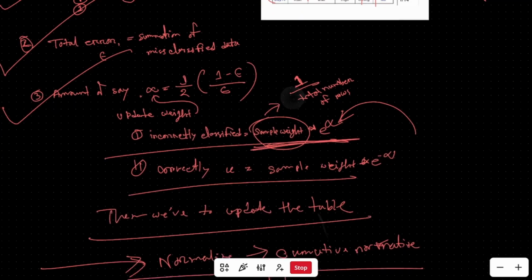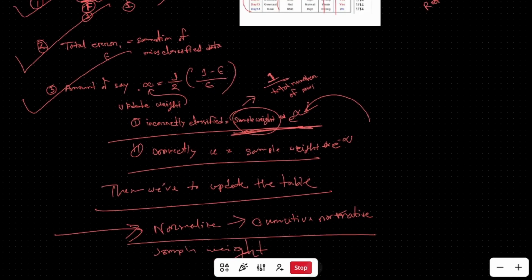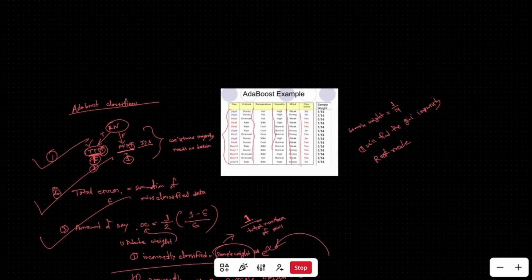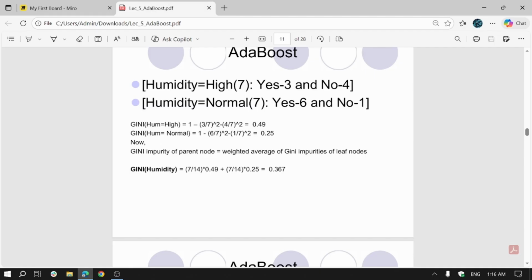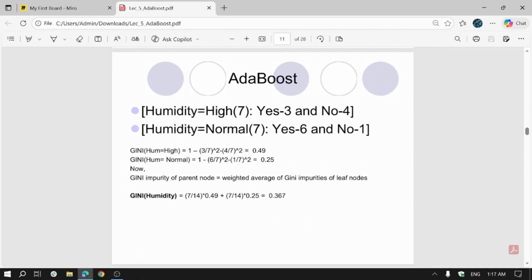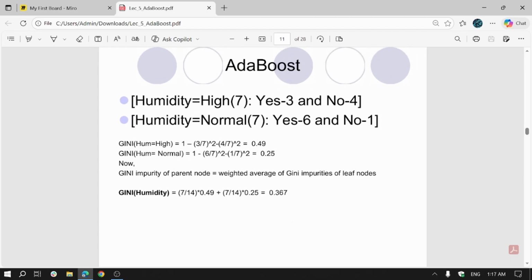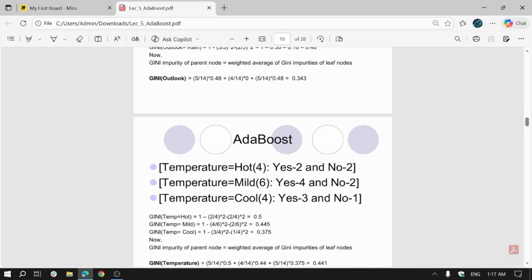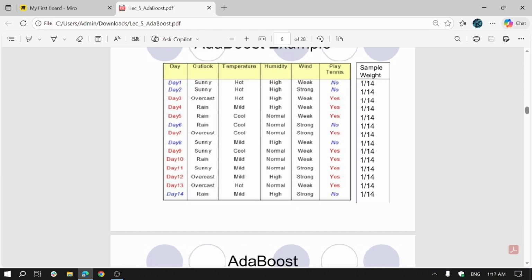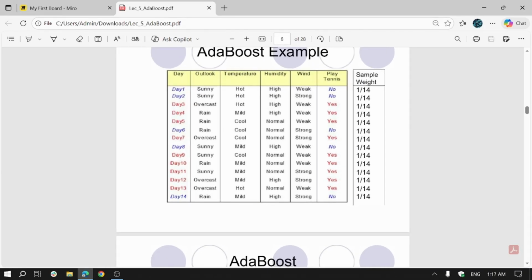Let's see this problem solved in a PDF given by our teachers. This is the problem, and here you can see the sample weight is 1 divided by n.